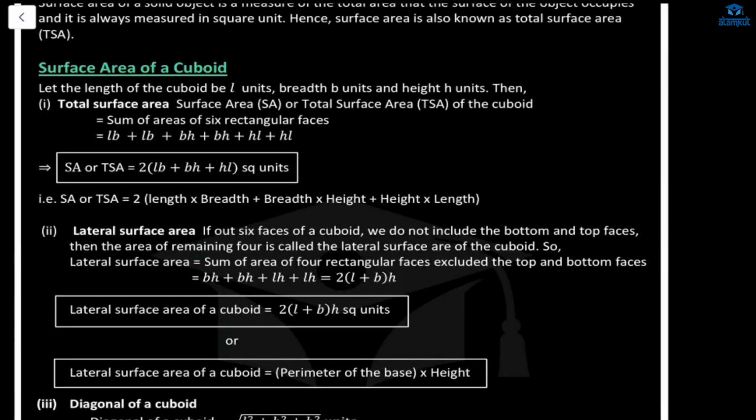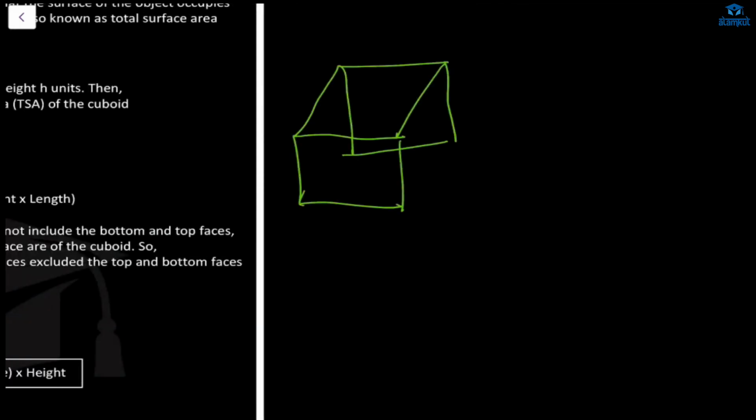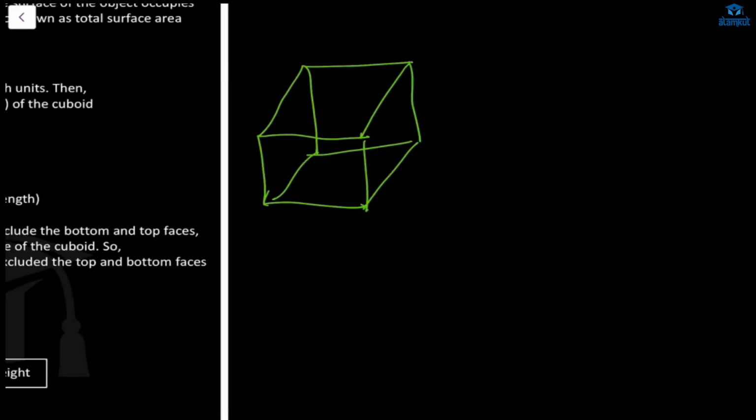If you see, there are 6 faces. Every face has length, breadth and height. So the bottom, अगर आप bottom लो, what will be the bottom area? Length into breadth, yes, and the top, the ceiling, will also be length into breadth.